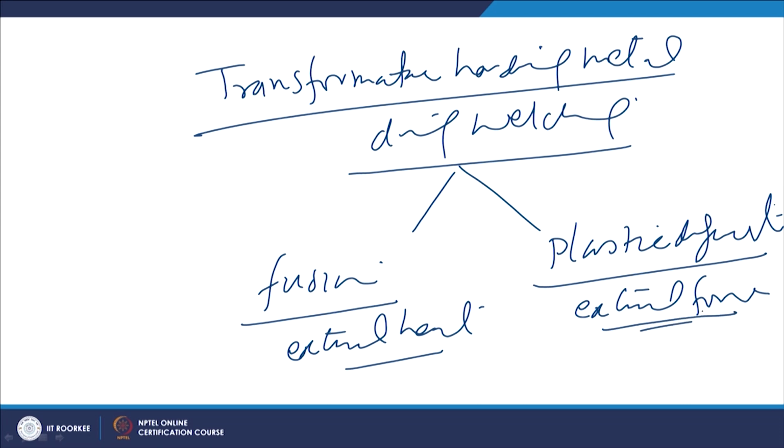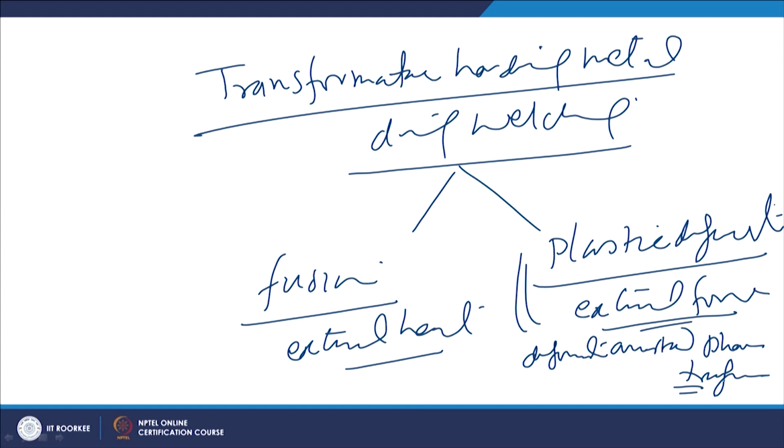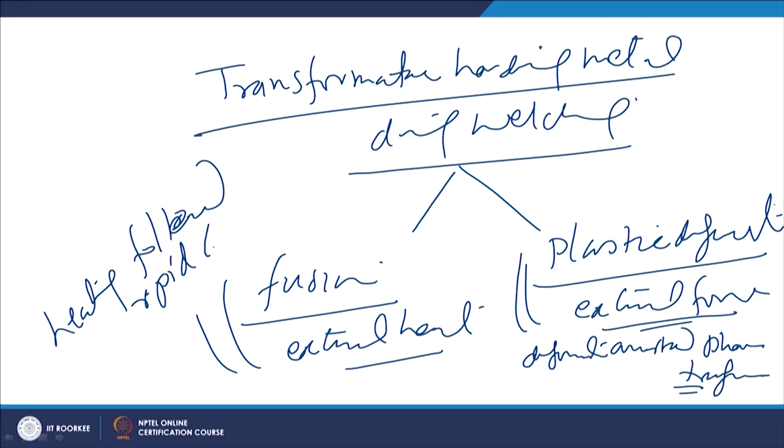So, in both the cases responses will be different, and in that case, like the plastic deformation may lead to the deformation assisted phase transformation, while in case of the fusion welding it is the heating followed by the rapid cooling that leads to the development of the variety of the phases.